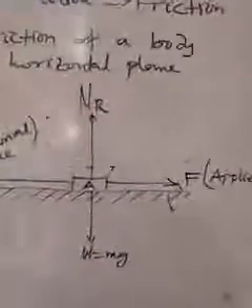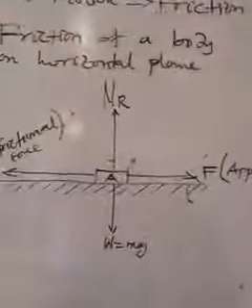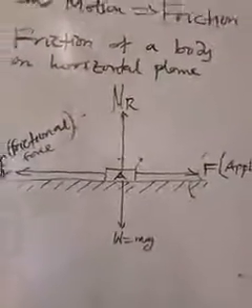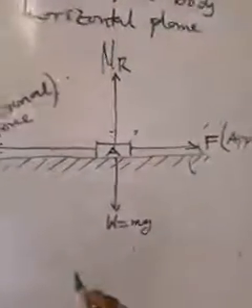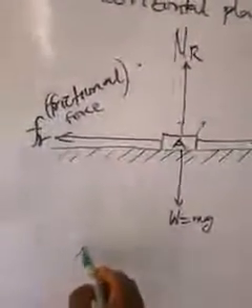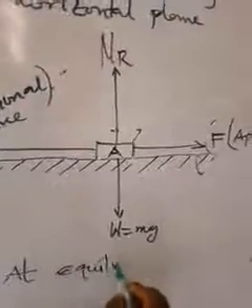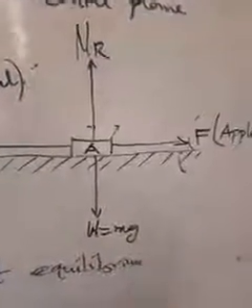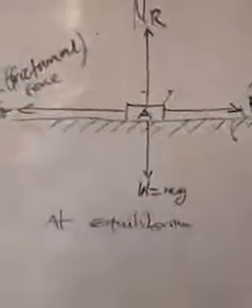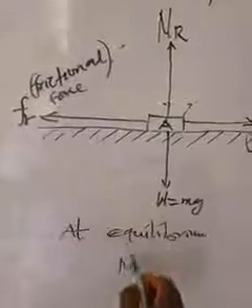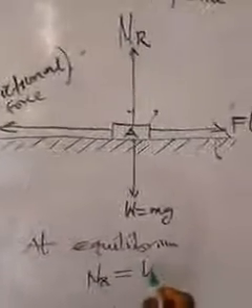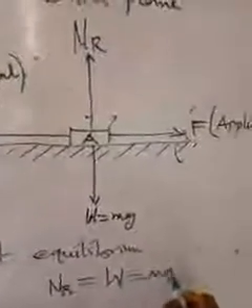Now let's see. There are two things that we need to consider in this diagram. Number one, we are looking at it when it's at equilibrium. Equilibrium means when the body is not moving. That is, normal reaction is equal to weight of the body.